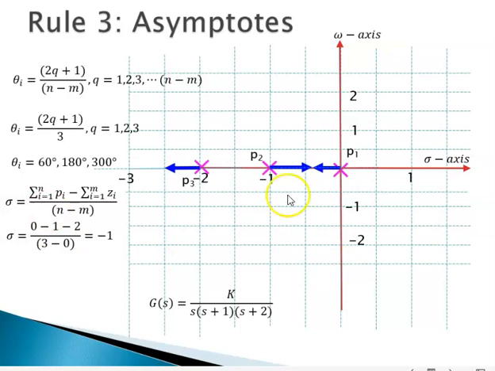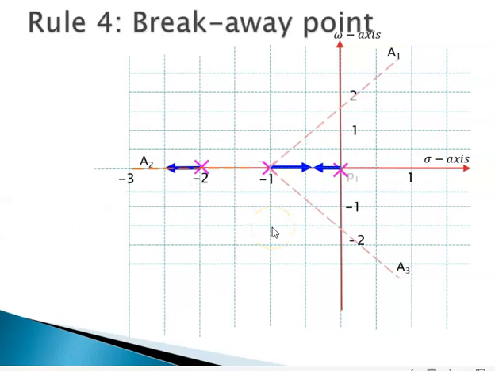One asymptote is at 60 degrees, so this is the asymptote A1, which is making an angle 60 degrees, and then another asymptote is making angle 180 degrees. A2 is shown here, and the third asymptote is making 300 degrees, because if you look at it, this whole angle measured in counterclockwise direction is 300. We can also show it as -60. With that noted, we'll go on to rule 4.